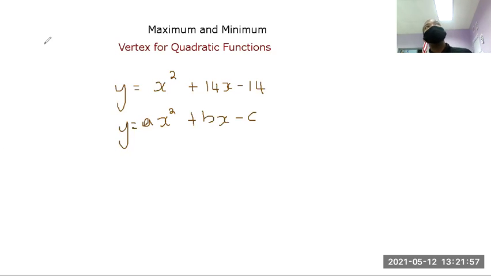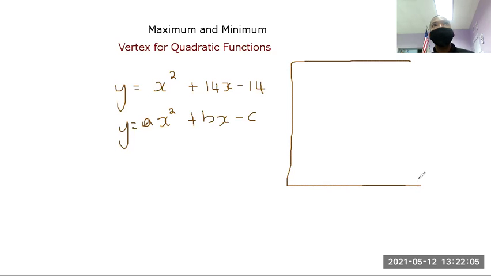Anyways, in order to find what the maximum or the minimum is, first of all, to the side, I want to identify how we know if it's a minimum or if it's a maximum. If it's a negative a, that will be a maximum, meaning the shape of the graph would look like that.